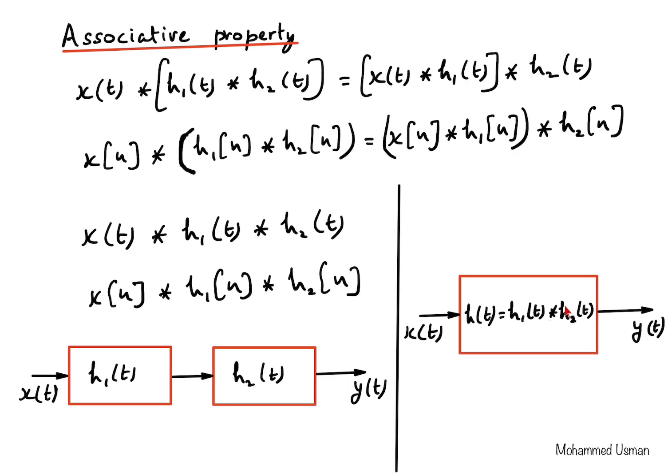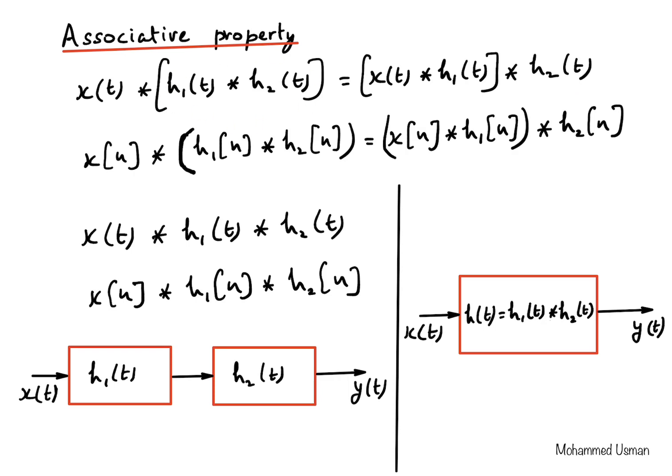So we are using this associative property to illustrate this. The same thing applies for the discrete time case as well, in which case we will have h1 of n and h2 of n. Whether we convolve h1 and h2 first and then convolve with the input, or convolve the input with the first system and then with the second system, it means the same.